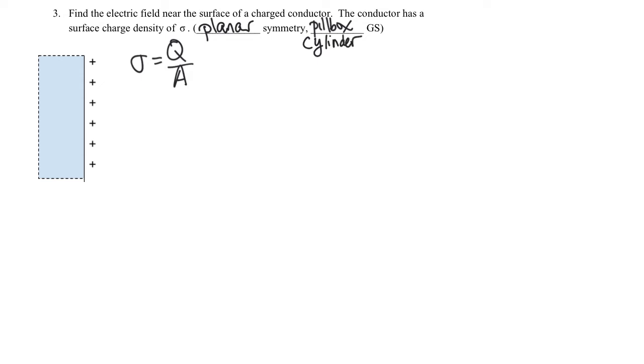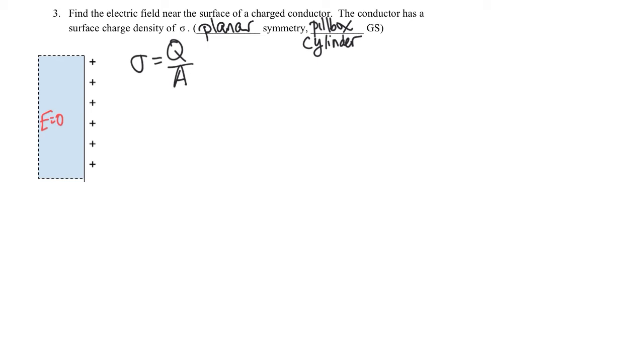Before we draw our Gaussian surface, let's think about what the electric field looks like. If it's a conductor, then we know that the electric field is 0 inside the conductor. So what does the electric field look like outside?